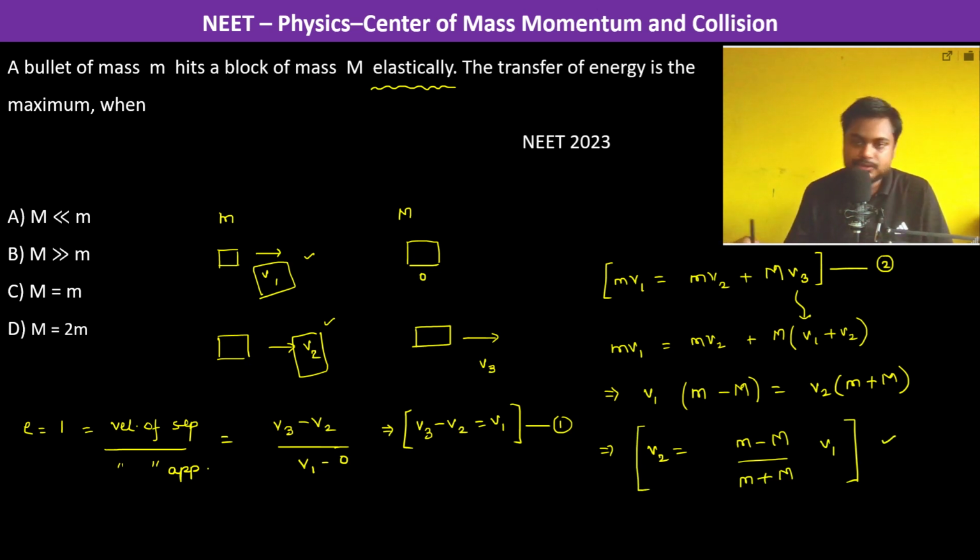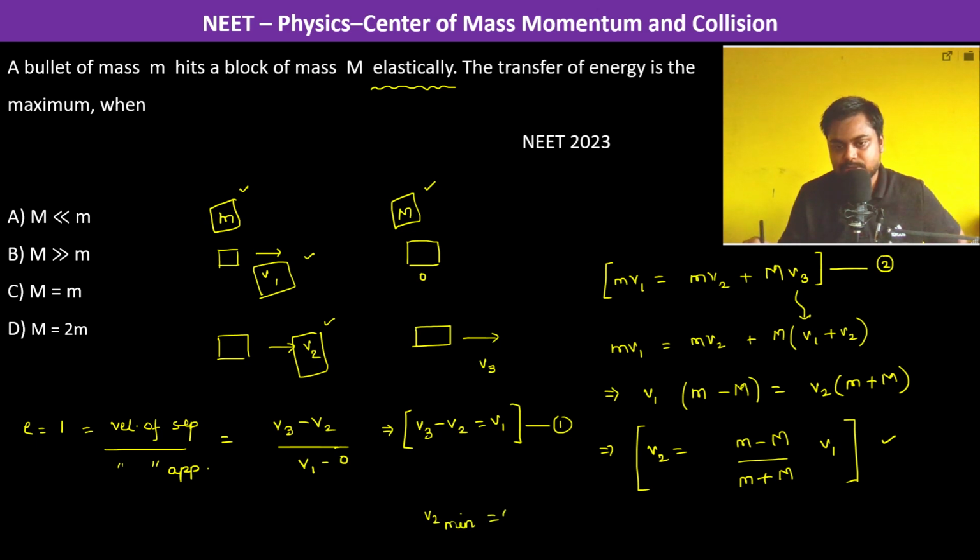Now the transfer of energy is maximum. So the energy possessed by M will be maximum when the energy possessed by small m is the minimum. So v2 minimum should be 0. See, one thing is there that it is elastic collision, so therefore kinetic energy will not be lost. So kinetic energy initial will be equal to the kinetic energy final.